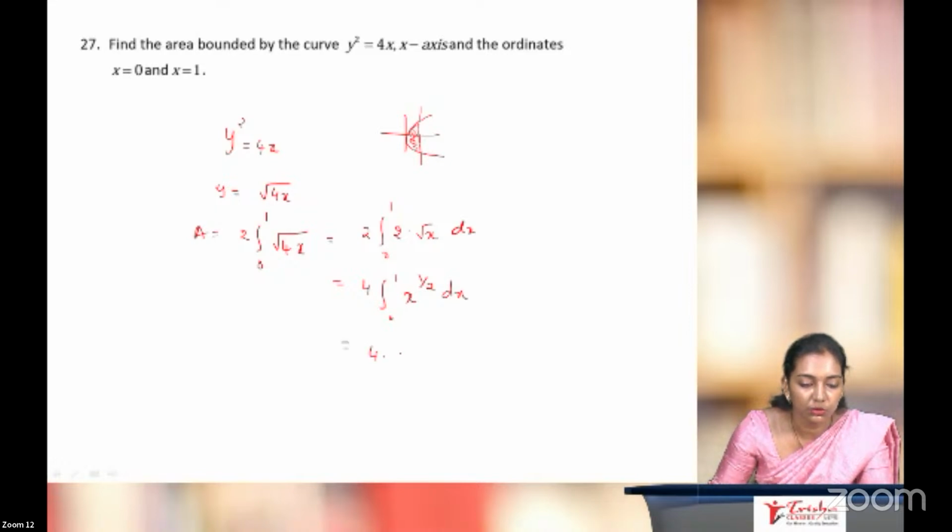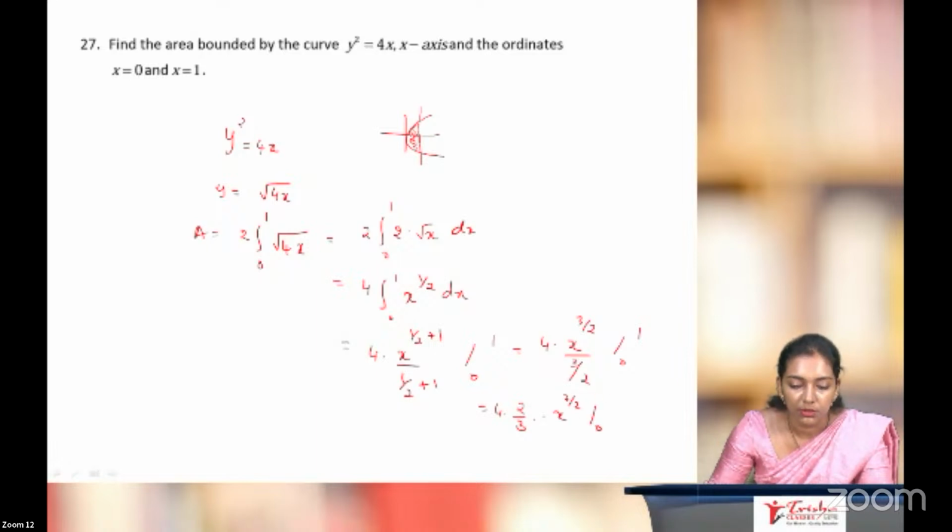So 4 into x to the power 1 by 2 plus 1, divided by 1 by 2 plus 1, from 0 to 1. So 4 into x to the power 3 by 2 by 3 by 2, or it is 4 into 2 by 3 x to the power 3 by 2, or 8 by 3 into x to the power 3 by 2.